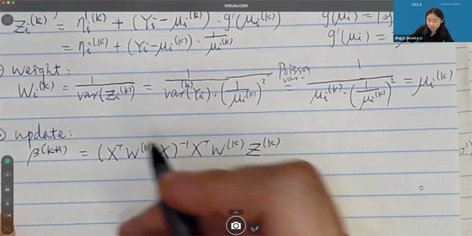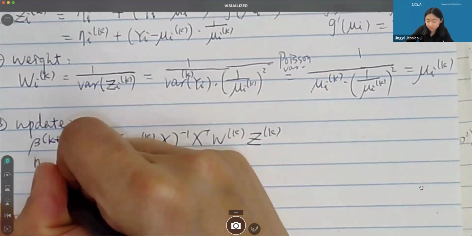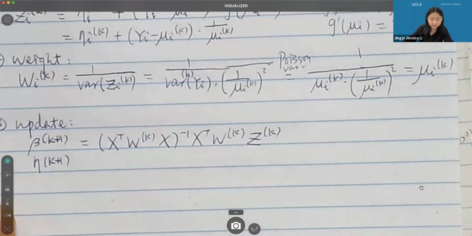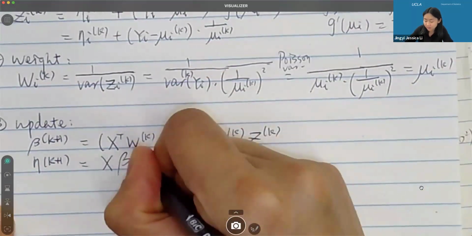That's the beta. And eta_(k+1) is just the linear predictor. Easy, right? X times beta_(k+1).